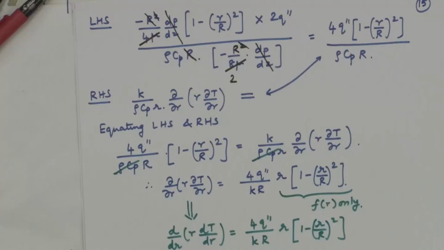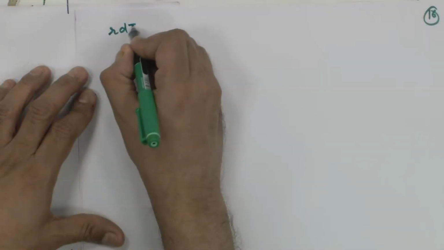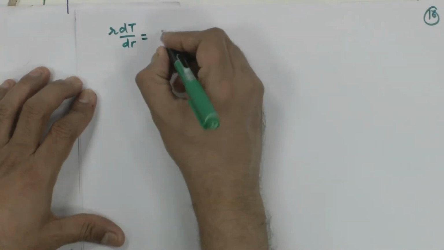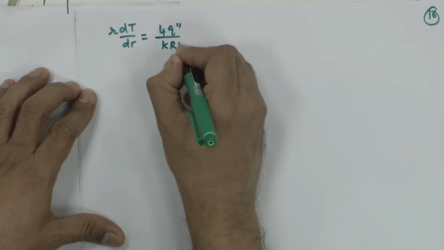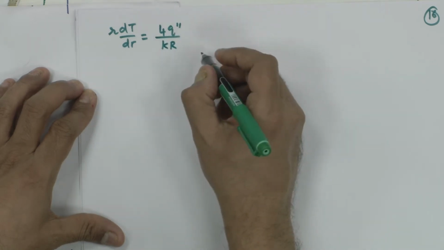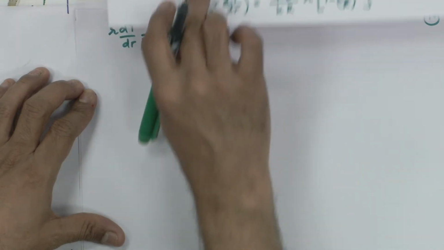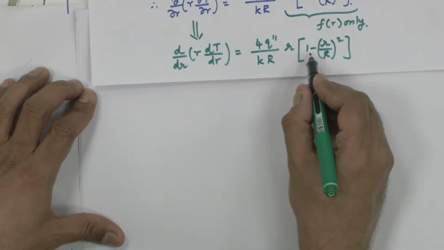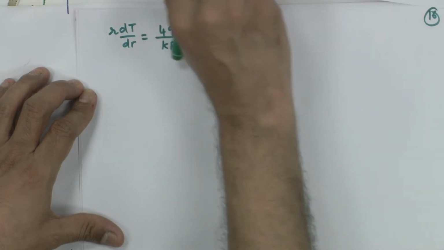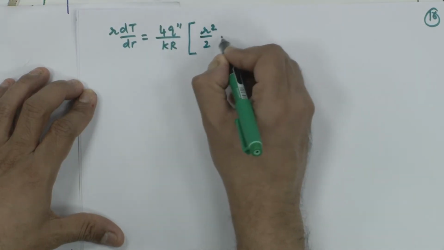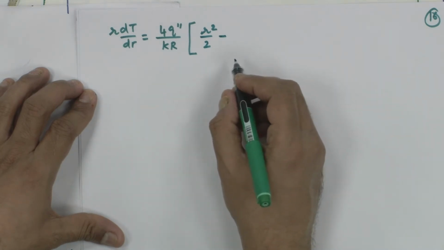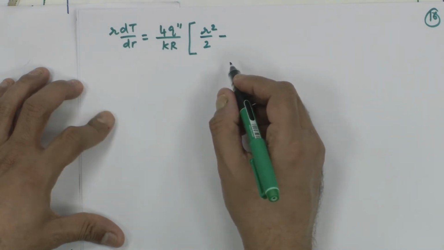So, first integration, I am going to integrate this. First integration gives me r dT by dr is equal to 4 q double prime by k capital R times the integral of this quantity, r minus r cube by capital R squared. R integral is r squared by 2 minus, what is r cubed integral?